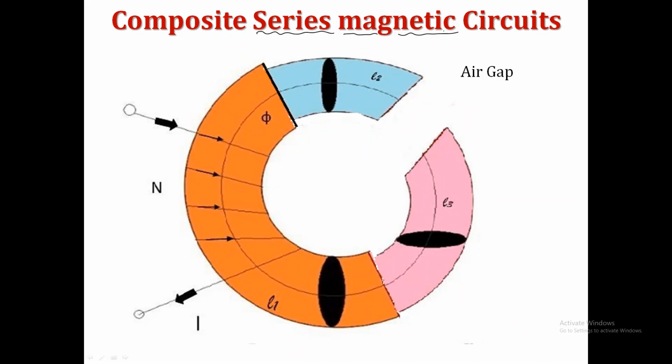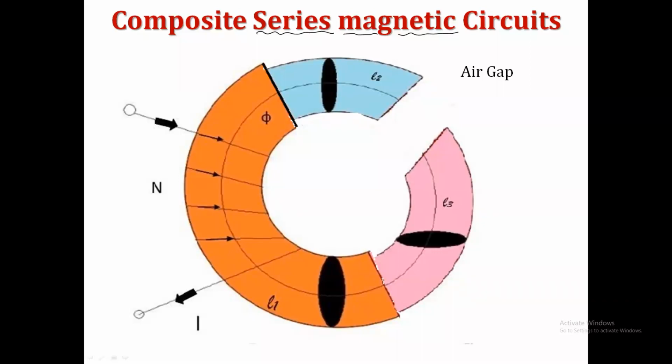The same concepts hold for the magnetic circuit. Here, instead of current, what is the term in the magnetic circuit? Flux. So when there is only one path for the flow of flux, and the magnetic parts are connected end to end, that is called a series magnetic circuit.